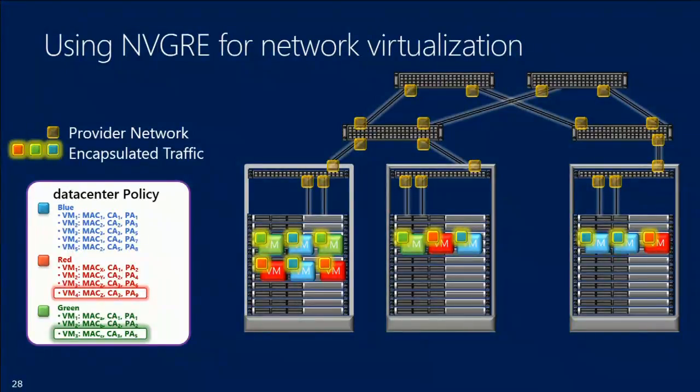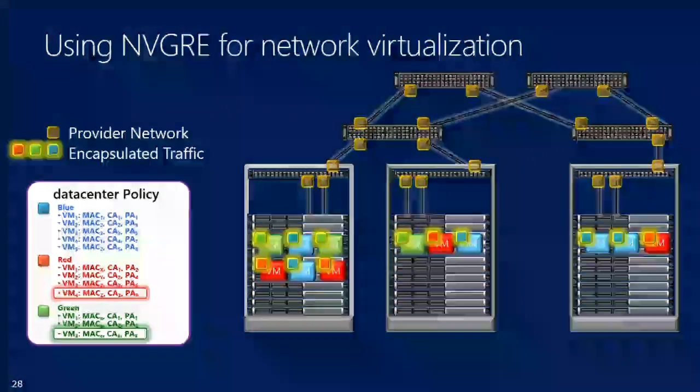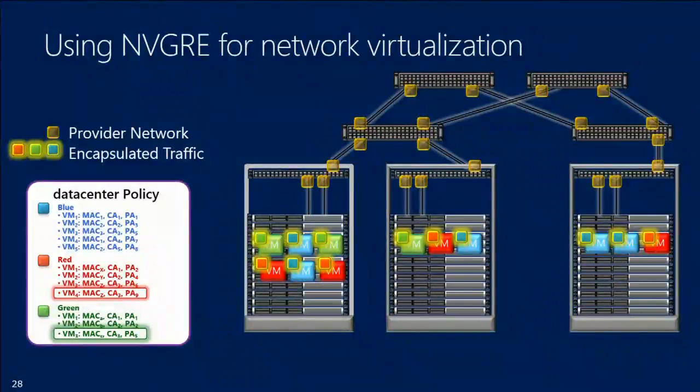So what happens over here is you still have these data center policies that are associated with this. And that can become quite complex when you have to assign the VMs into these. So if the provider address network changes at all, that can be quite cumbersome still. So this is why technologies like System Center Virtual Machine Manager can manage all those policies, and Microsoft is doing this in an open way.